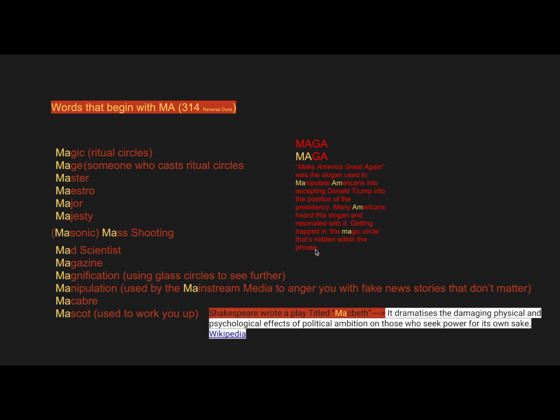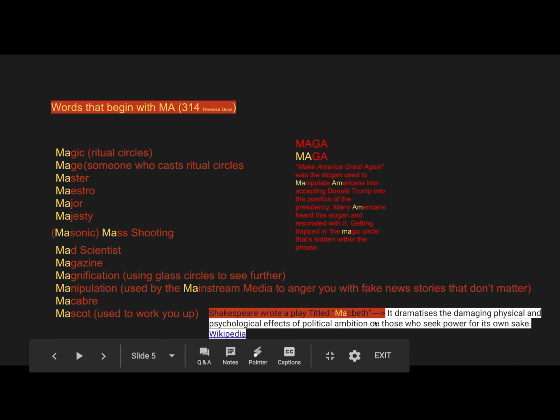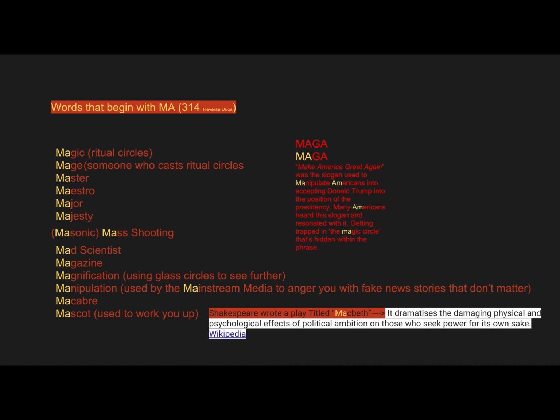Another use of MA was in Macbeth, which is a play that Shakespeare wrote. I'm not going to get into Shakespeare, but I never read Macbeth, but I looked up the synopsis on Google, on Wikipedia, and it says it dramatizes the damaging physical and psychological effects of a political ambition on those who seek power for its own sake.